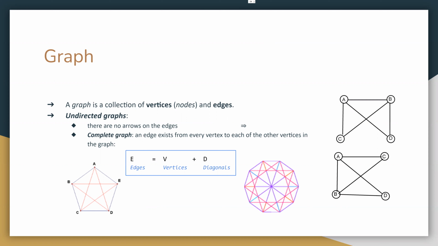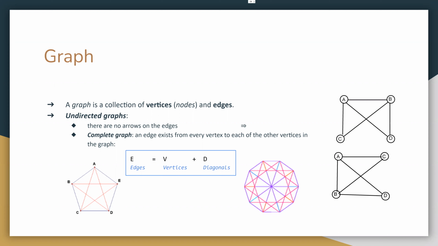When we say walk on the graph, or traverse the graph, which we'll talk about later, we can go from A to B and also B to A. There's no direction on that edge. Another term is a complete graph. A complete graph means all the nodes are completely interconnected with each other.